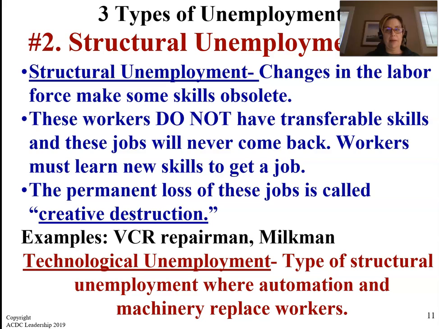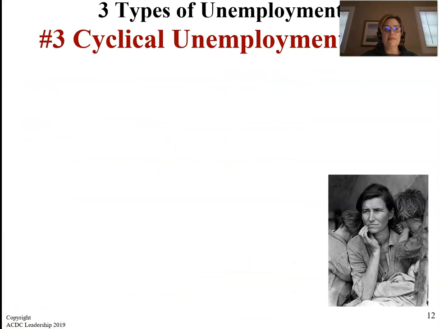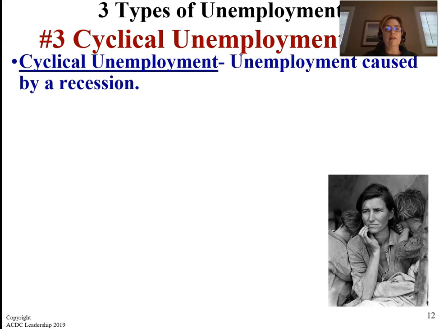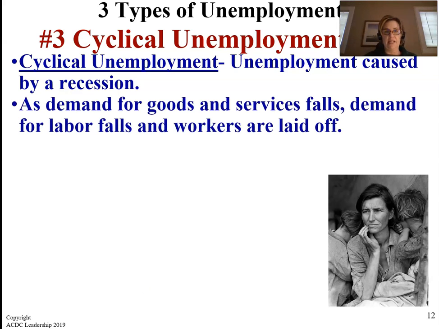Technological unemployment is a type of structural unemployment where automation and machinery replace workers. So think of the kiosks where you place an order at a restaurant. And the third type is referred to as cyclical unemployment. Cyclical unemployment is unemployment that's caused by a recession.